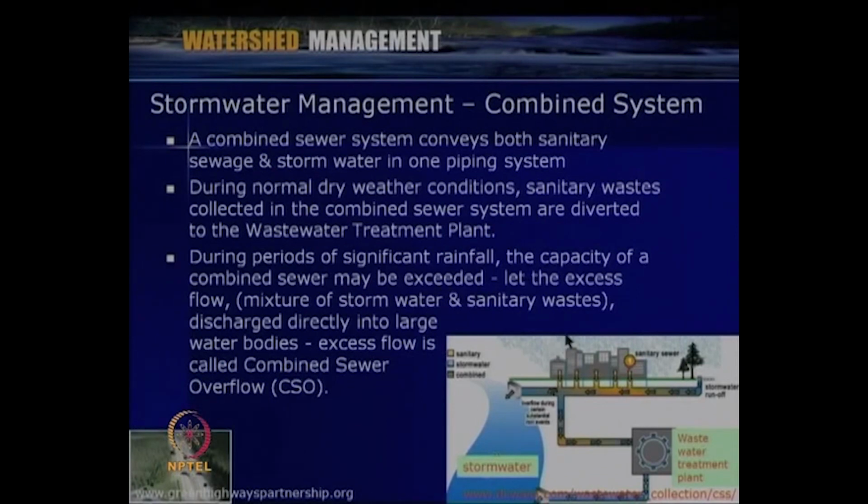So, the system is like this. When there is no rainfall, the entire wastewater is collected, treated at this location, and then discharged to the river or stream. During the rainfall season, the sewage or wastewater and the storm water will come together, so you can see a mixed combination of storm water and wastewater.